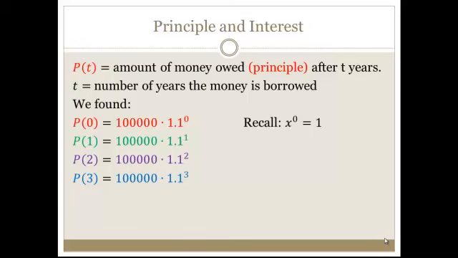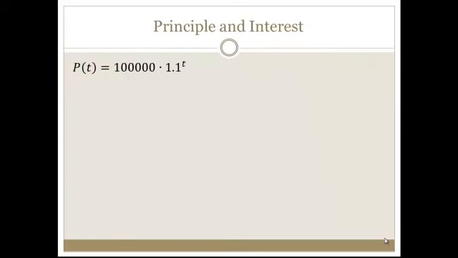Looking at this pattern, can we figure out what P of t is for any time t? P of t is $100,000 times 1.1 to the t, where t is the number of years we borrow the money. With the equation P of t equals $100,000 times 1.1 to the t, let's remember where the 1.1 came from.